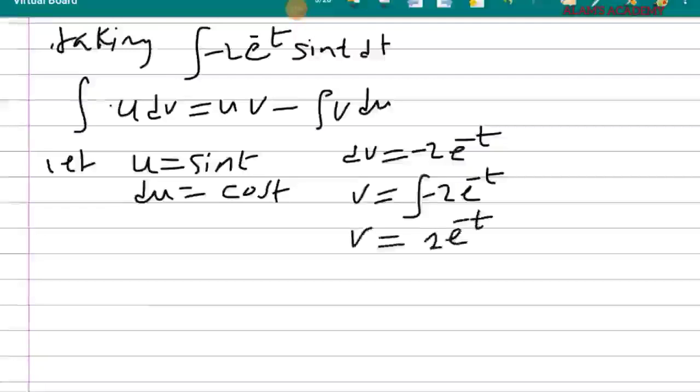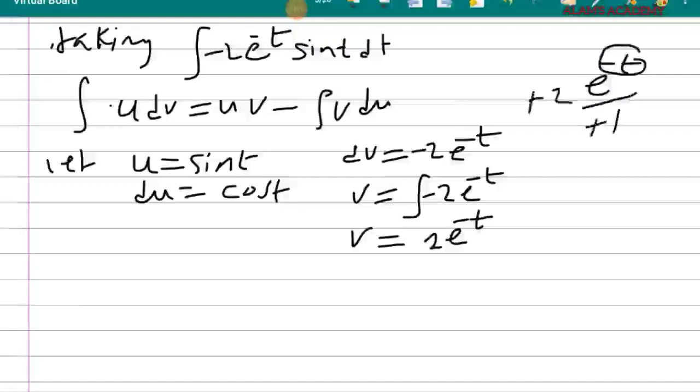That is, when you integrate e exponent negative t, you differentiate the top and divide by it. So when I differentiate negative t, I get negative 1. And remember, we already have negative 2 here, so the negative will cancel this negative, and that's how come we have the positive 2 here, right?